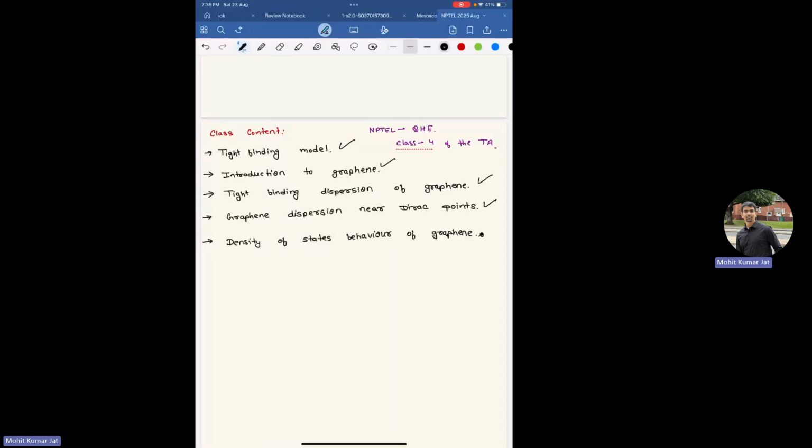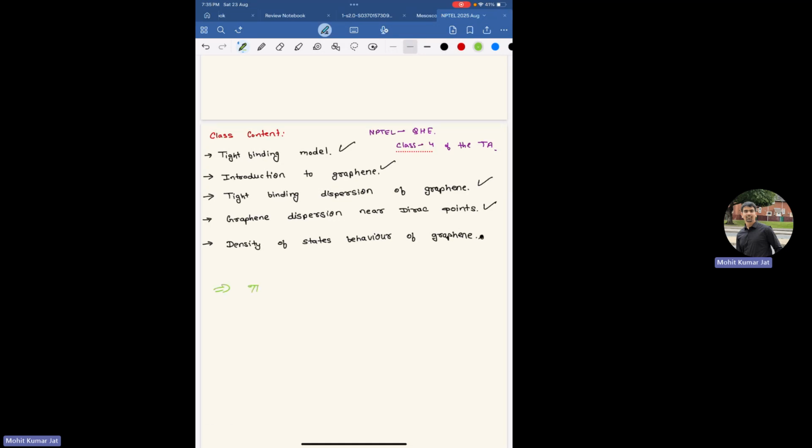This you can read from the paper which I'm referring to. The paper name is The Electronic Properties of Graphene. It is in Reviews of Modern Physics, Volume 81, January-March 2009.